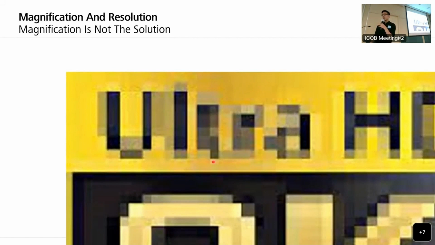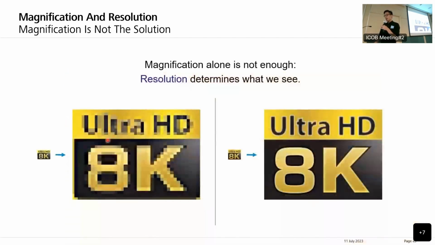Because we know it is ultra, but we just cannot see the letters clearly. So that's why we need to focus on resolution. Magnification is an issue, but the determining issue is the resolution. So that's why we emphasize that we need to have high resolution images.